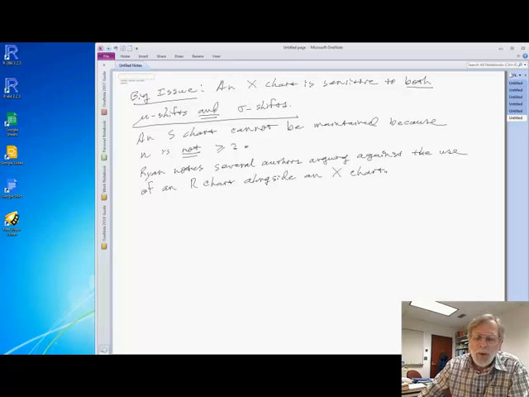So we have a problem, and that is, if we run an X chart and we get a signal, we don't know whether it's because the mean has shifted or whether the standard deviation has shifted. Our out-of-control action plan will be very different depending on whether we're chasing a mean shift or a degradation in variance, which is almost always an increase in variance. So I will go into this problem and its solution in more depth in the next screencast.